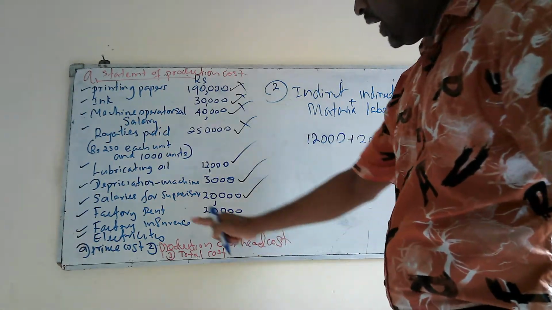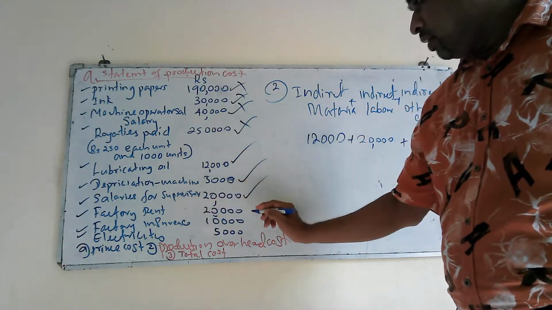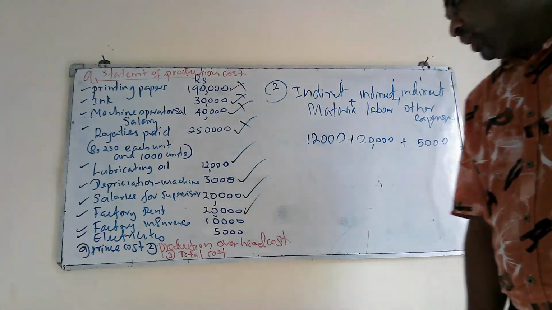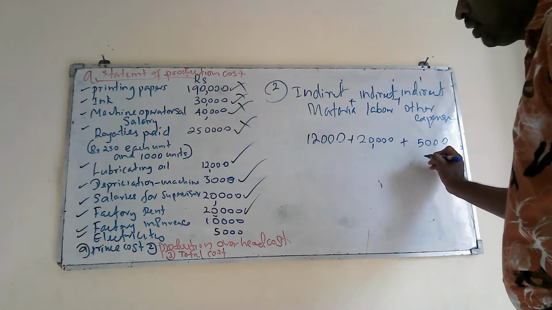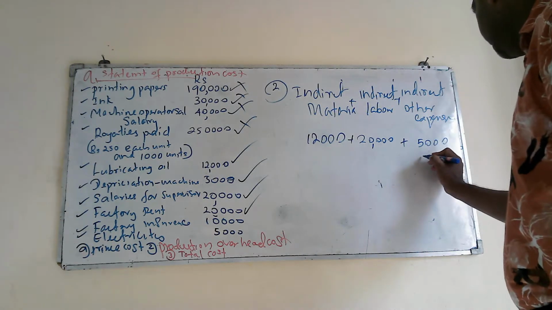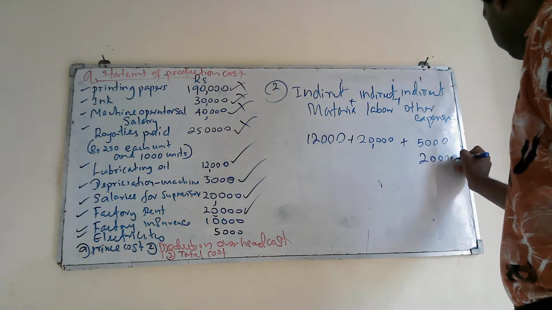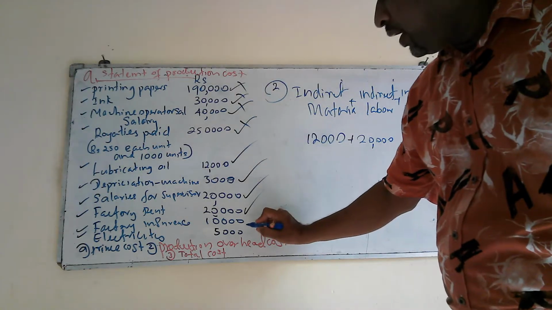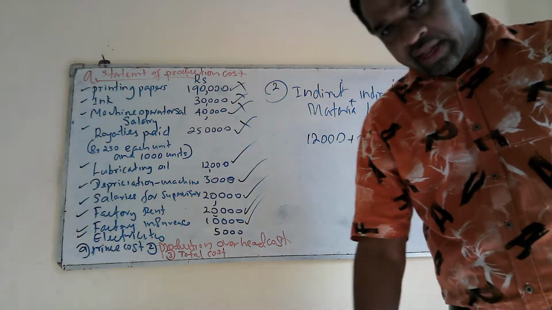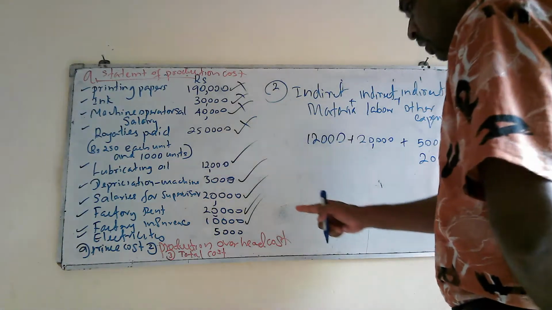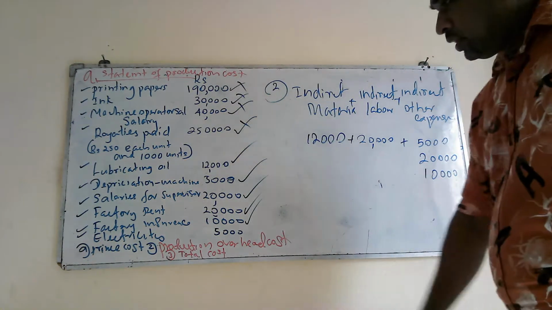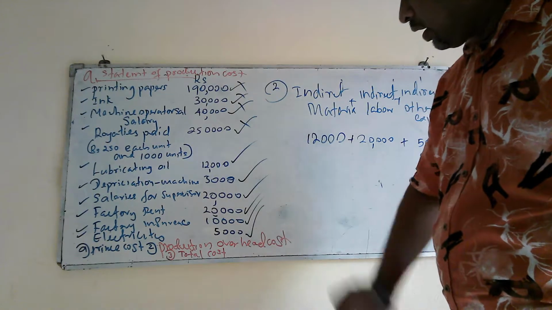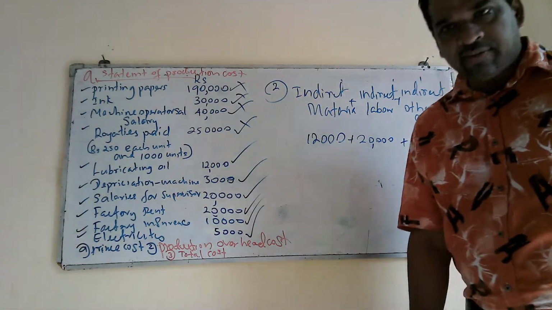Right. Then factory rent. Factory rent is also indirect other expenses. That is 20,000. Then we have the factory insurance. Insurance also indirect other expenses. That is 10,000. Then finally we are given electricity, 5,000, also indirect other expenses.